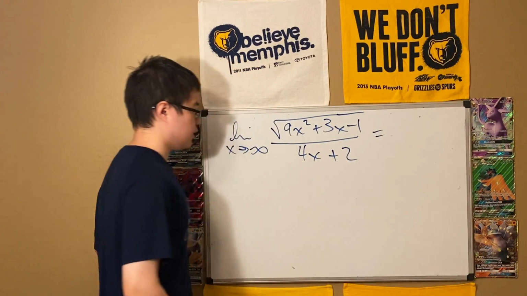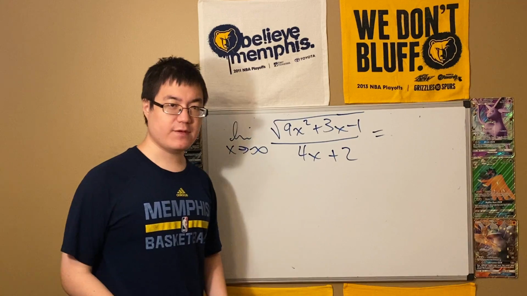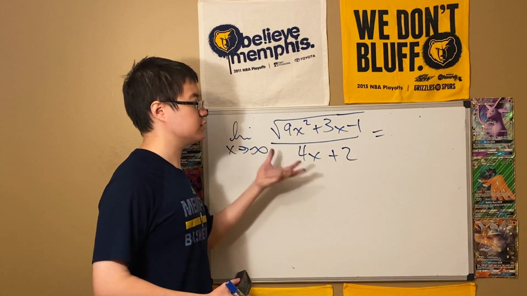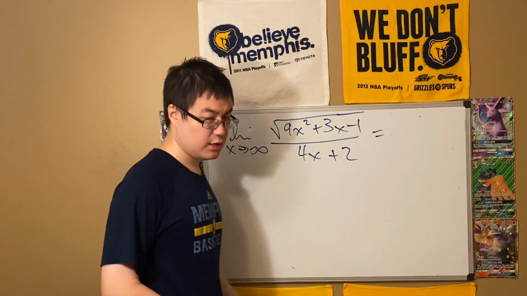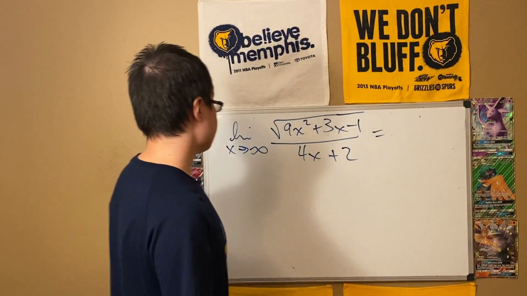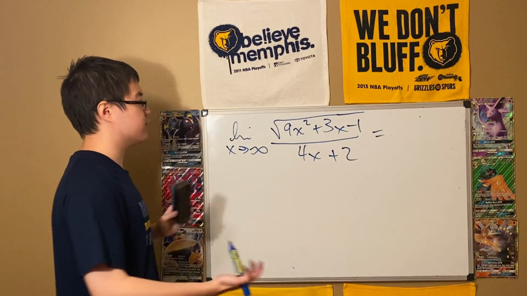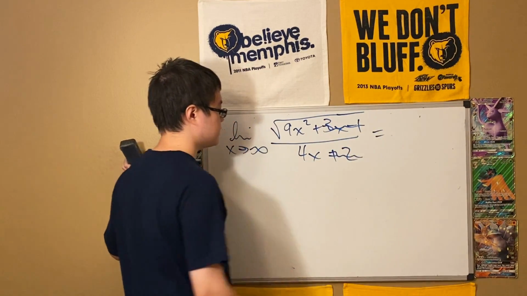So this is my first limit. Again, when I have a limit involving infinity, especially with something that looks so similar to a polynomial, where all that's a little bit weird is the square root, I'm going to apply heaviness rules. So the first thing I need to do is determine, is this same heavy, top heavy, or bottom heavy? So I'm going to, again, ignore everything that's not the leading exponent. So I'm going to ignore this, I'm going to ignore this.